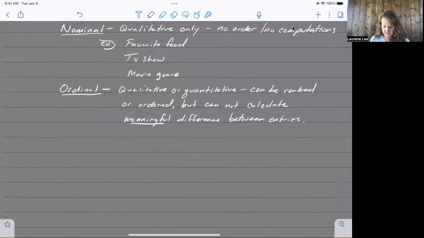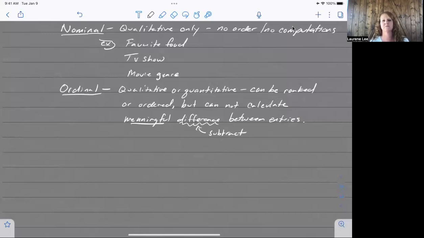Okay, now difference, let's talk about that. This is a mathy word that means subtract. So, for example, if I tell you that the temperature today is 70 degrees and yesterday it was 60 degrees, it makes sense to subtract those two numbers, because when you subtract 70 minus 60, you get 10 degrees.